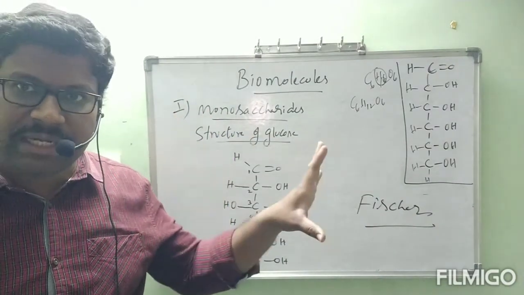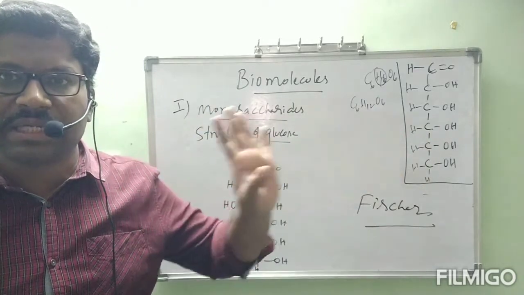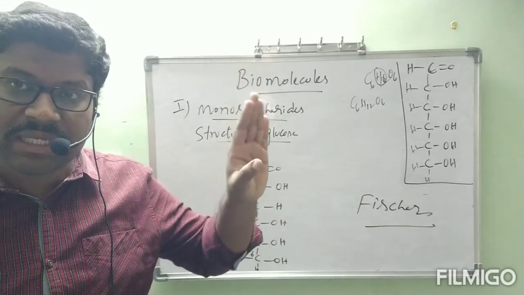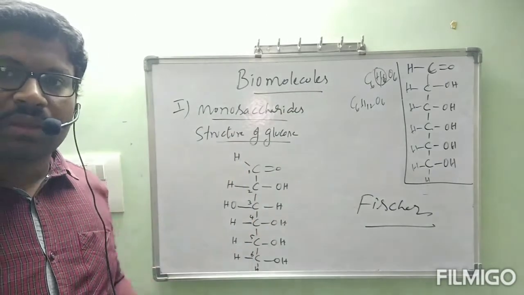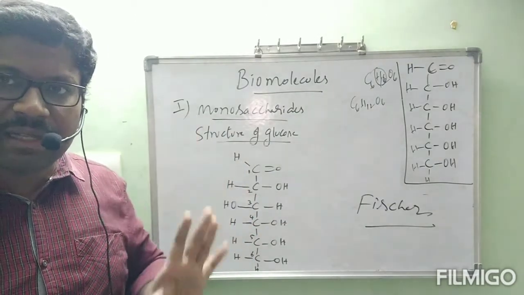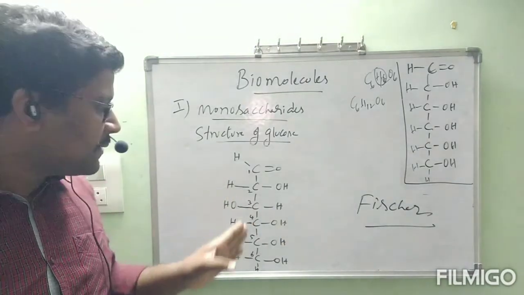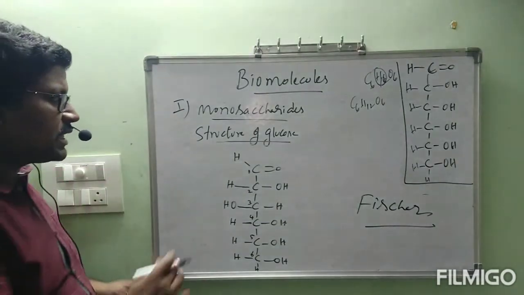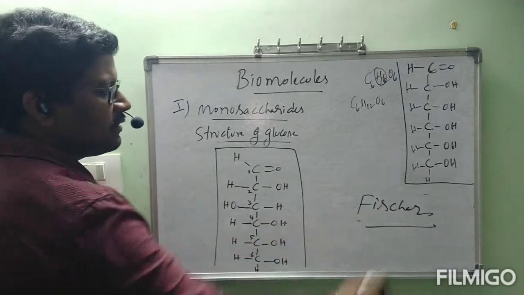We sent plane polarized light through it, and the resultant light was passed through a polarimeter. We got the result dextrorotatory. The dextrorotatory nature of glucose is satisfied by writing the structure in this way. So we definitely have to write the third carbon atom with OH on the left side and H on the right side, and the remaining carbons with OH on the right side only. If you write this structure, then only it is correct. This structure was given by Fisher.